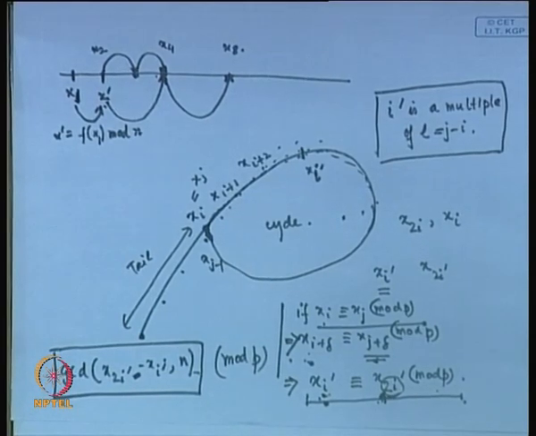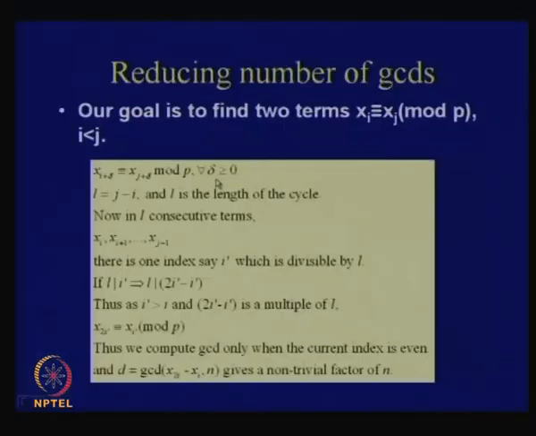Now, if you see this, it says that xi plus delta is congruent to xj plus delta modulo p, for all delta greater than or equal to 0. So, L equal to j minus i, and L is the length of the cycle.